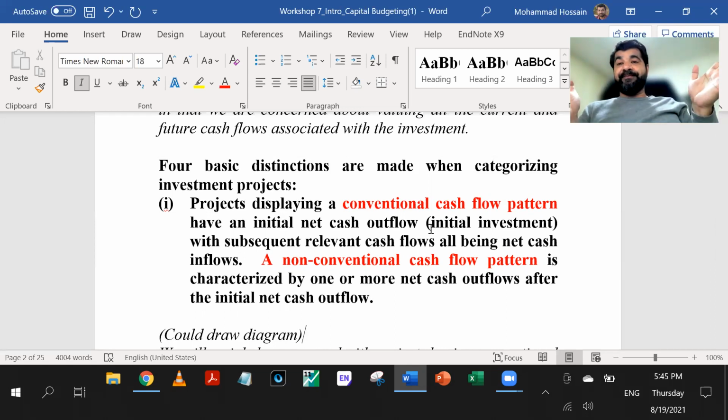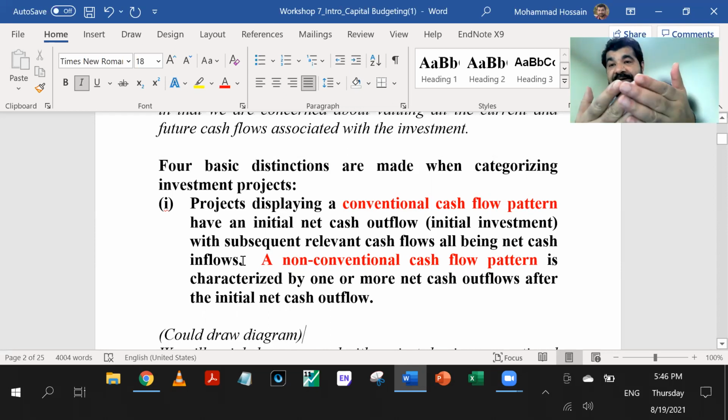So first is the initial net cash outflow, the investment, then subsequent relevant cash flows are all net cash inflows. First you make an investment, then slowly cash starts to come into the business. This is the conventional method.